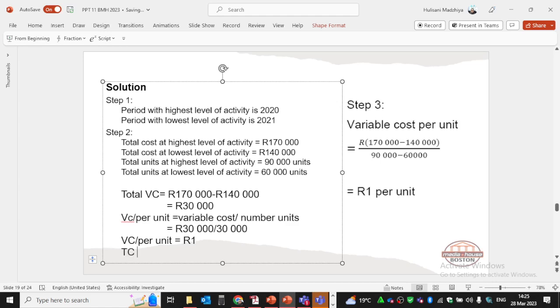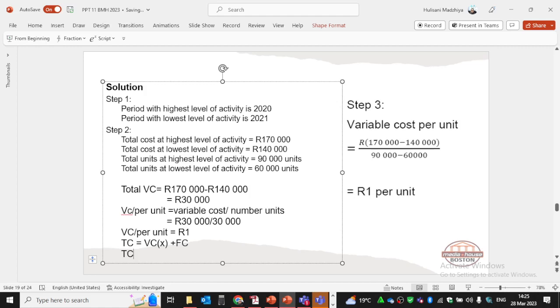So now we've got our formula, TC equals VC, open bracket X, close bracket, plus FC. So we can now write this formula to say that TC equals 1 rand X plus FC.